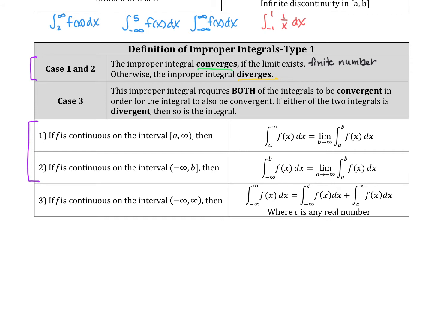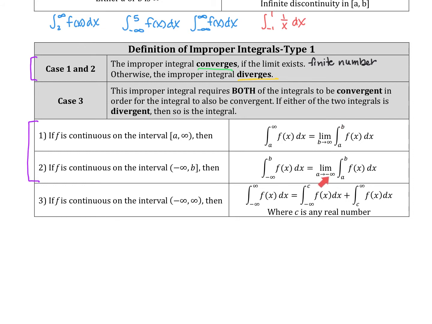Now, in both of these situations, in order to deal with that infinity, we are going to say that this is the limit as b approaches infinity. So instead of calling it infinity in my integral, which we don't know how to evaluate, we're going to take the limit as b approaches infinity, meaning I go from a to this other ending point.